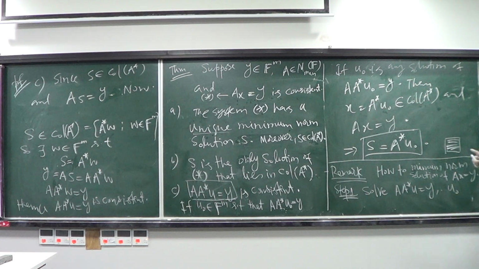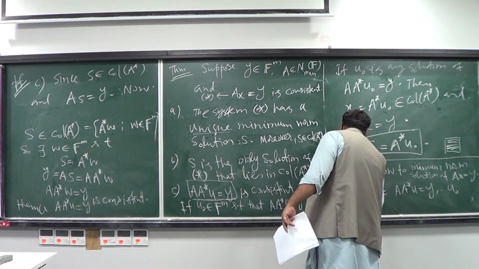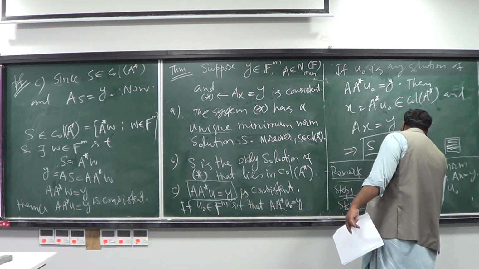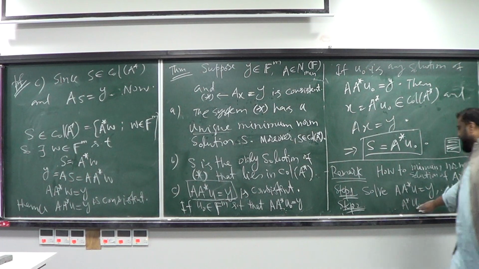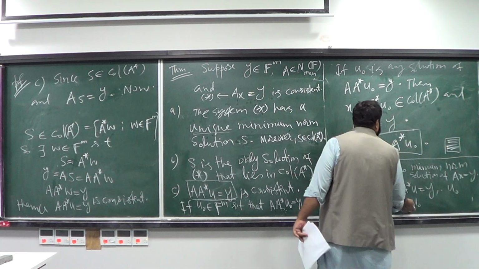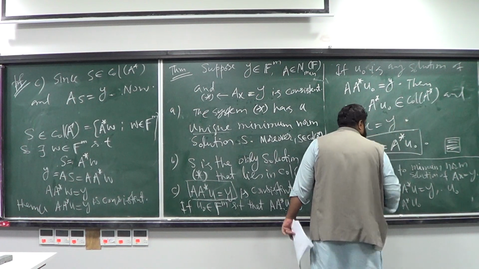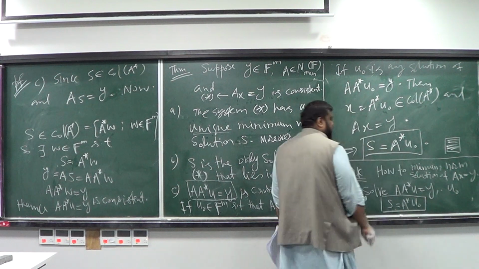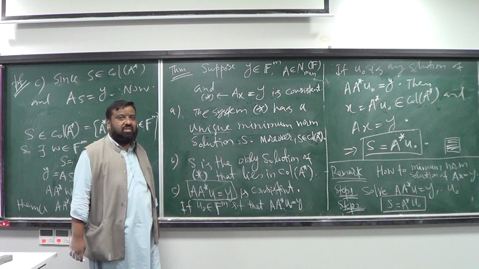Step 2, simple: calculate A star multiplied by U0, the solution that you found. Since it lives in the column space of A star, this is the unique minimum norm solution.